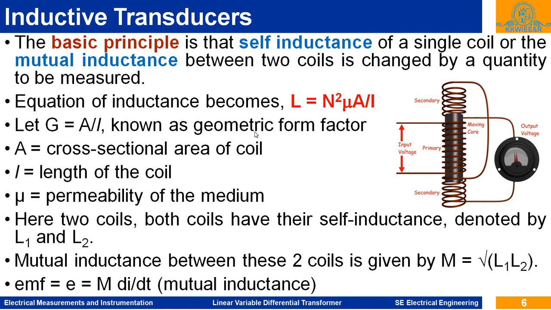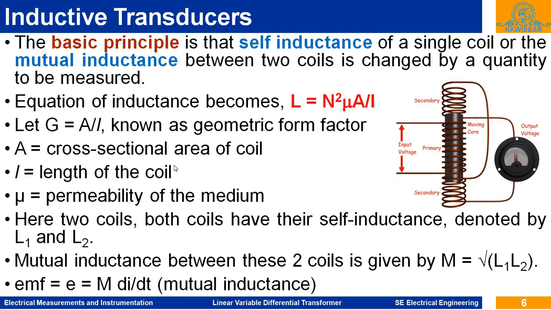In the previous video we learned about transducers, the classification of transducers, and the details of resistive, inductive and capacitive transducers. This detail we learn in the introduction to transducers video.